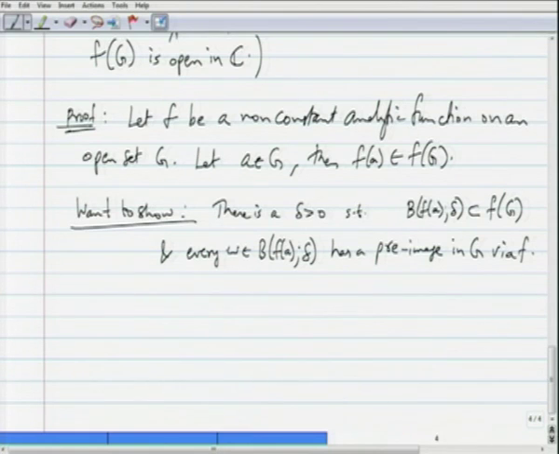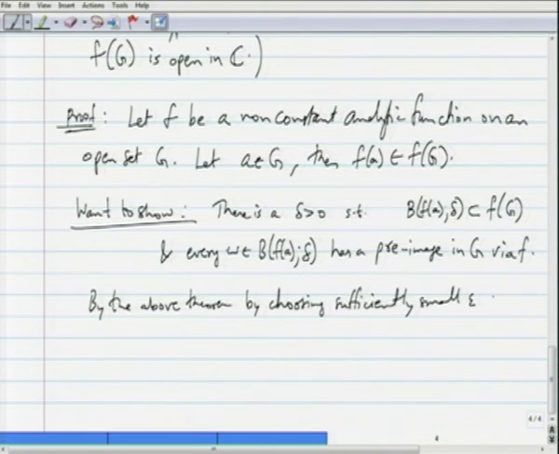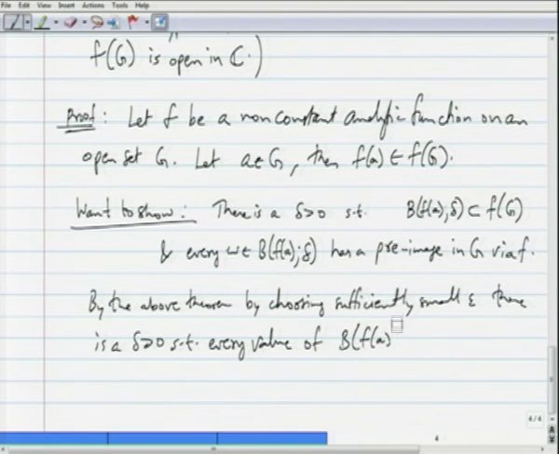So, this comes directly from the previous theorem. So, by the above theorem, okay, by choosing sufficiently small epsilon, okay, there is a delta positive such that every value of B of f of A, well, f of A itself is assumed by f at the point A. Okay.